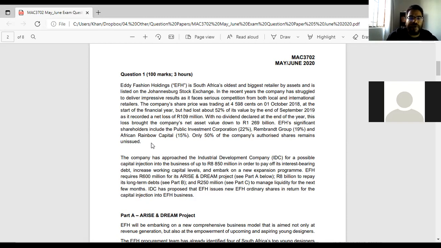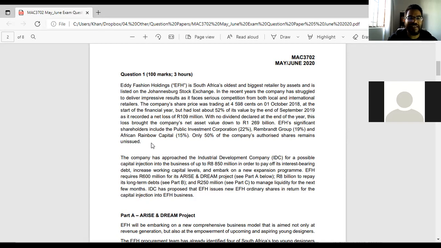They say the company has approached the Industrial Development Corporation for a possible capital injection into the business of up to 8,850 million in order to pay off its interest-bearing debt, increase working capital levels, and embark on a new expansion program.